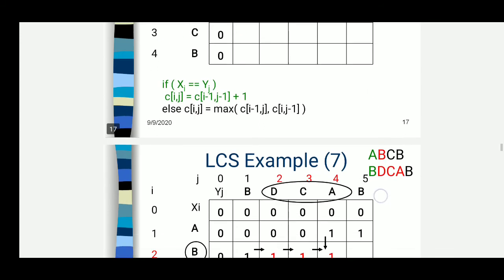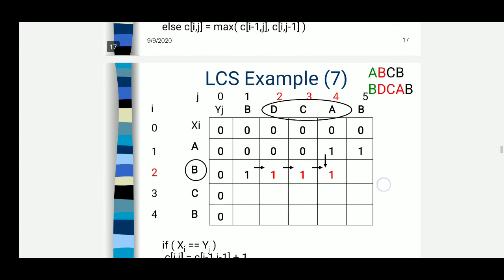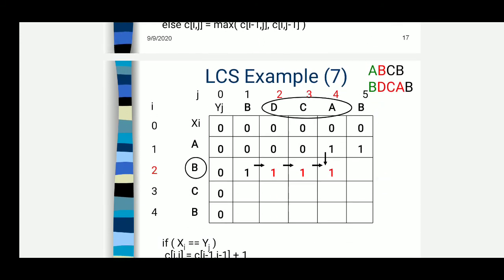Similarly, we will fill the complete row, and the other characters are not similar to the character B. So we will take the maximum value from the immediate left or above. So here we always find the immediate left value as 1 and the above value as 0, in column 2 and column 3 in row 2.